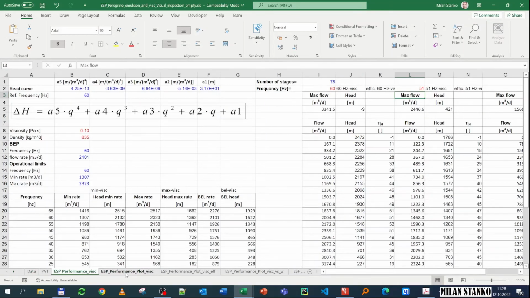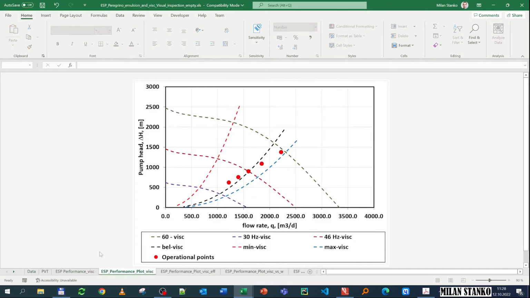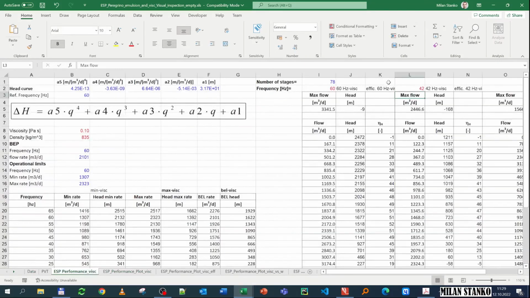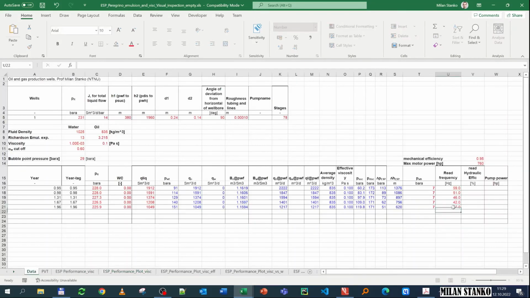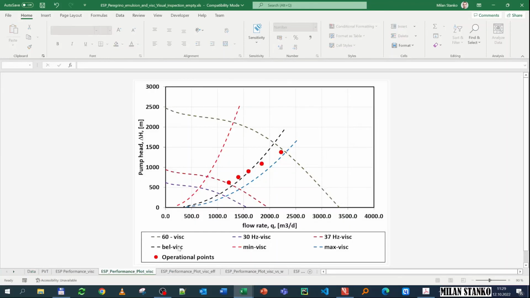I will accelerate the process in this video, just so that you don't have to see one by one. Okay, so we're not finished with all the points. So here you see the last one, that is around 37 Hertz.